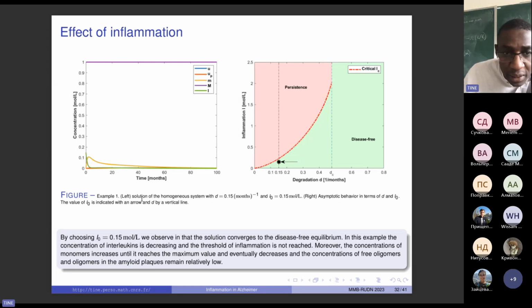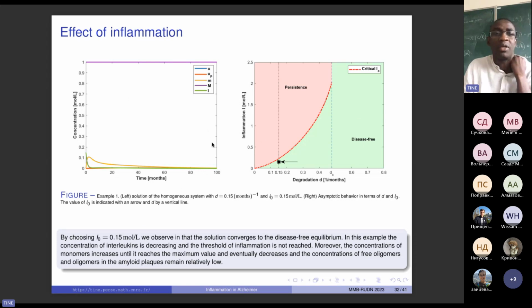The figure at the left is just the solution of the homogeneous system when D is exactly equal to 0.15, and I0 is 0.15 also, mole per liter. At the right, we have the asymptotic behavior in terms of D and I0.